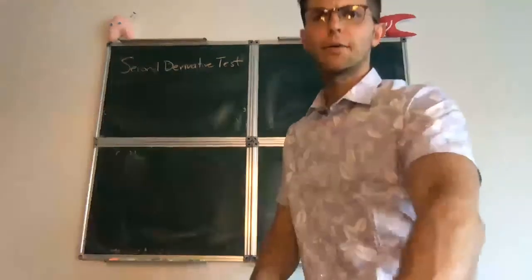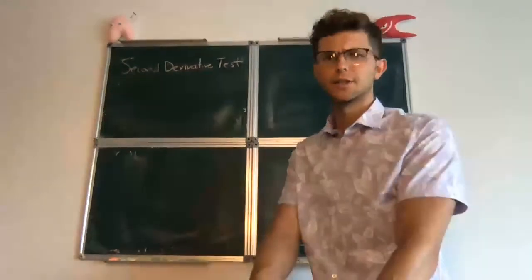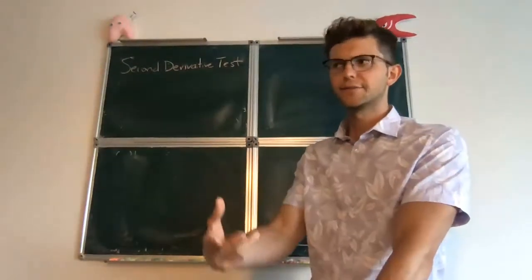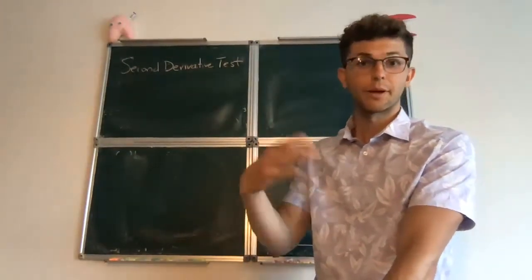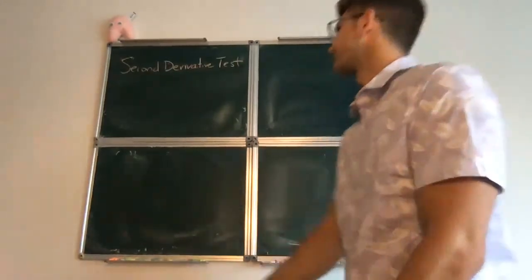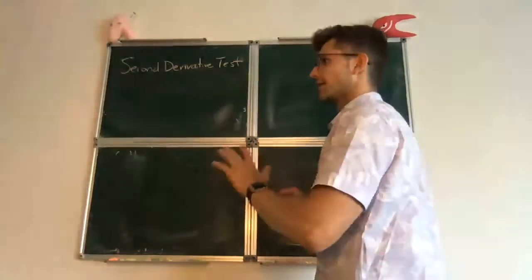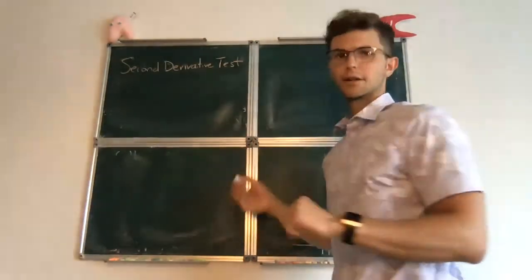Okay, so now we're ready finally to discuss what the second derivative test is for a function of two variables. The next video I'll do an example where we apply it in practice. So I will just write this down now, and in the next one I'll explain it.